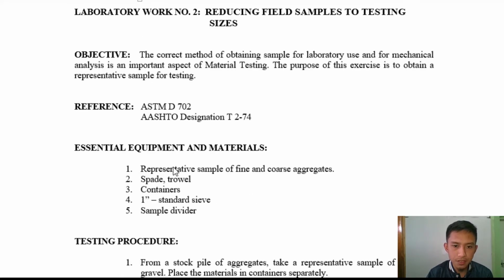Okay, so these are the essential equipment and materials that we are going to make use of in this work. First is the representative sample of fine and coarse aggregate, a mixture of these, or either fine or coarse only. We are just going to demonstrate how to reduce this into testing sizes. Then a spade or trowel. Since we are using a small amount, we can make use of a trowel.